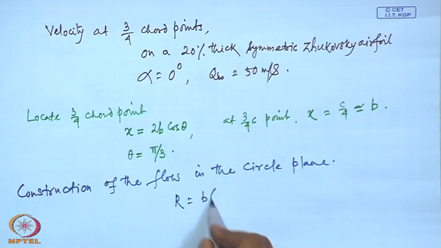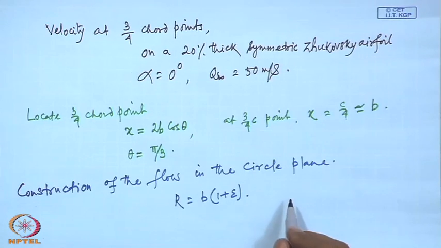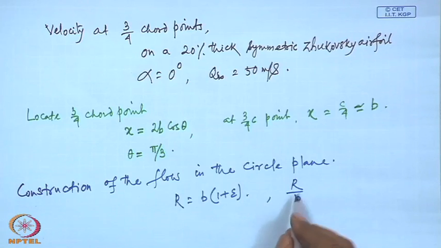R equal to B into 1 plus epsilon, no? Epsilon is not 0.2. Since the chord here is not exactly specified, we will not be able to write how much is the chord and how much is B and R specifically.